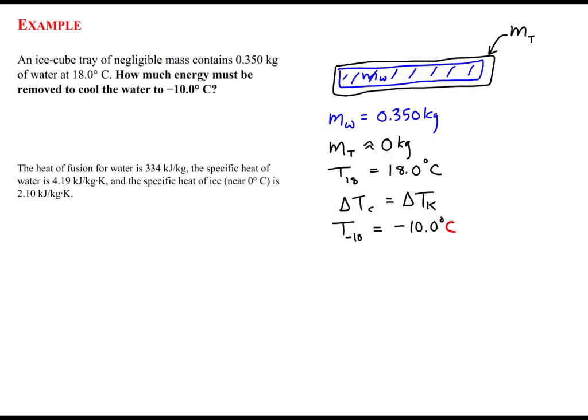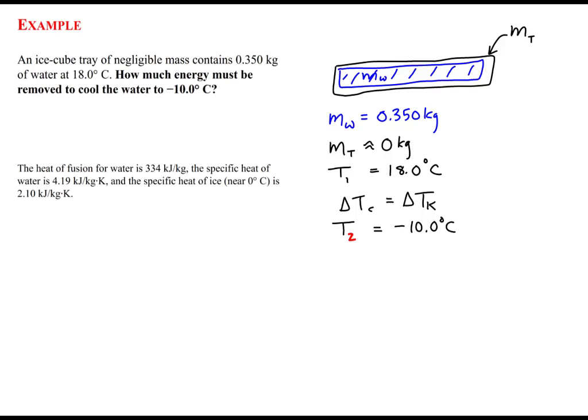And as a matter of fact, that might be a bit much to write T minus 10 every single time. So I'm going to go ahead and relabel the initial and final temperatures. Let's just call the initial temperature T1, and let's call the final temperature T2. And that'll be a little bit easier notationally.